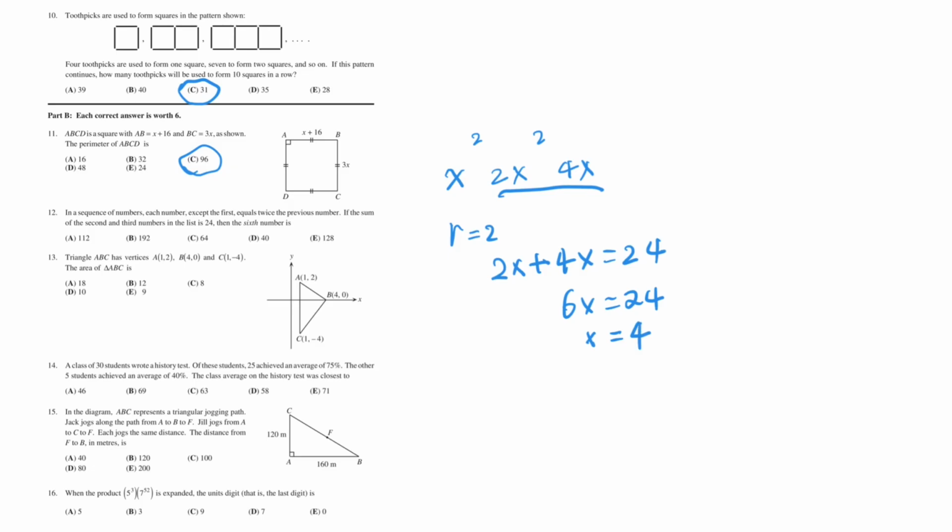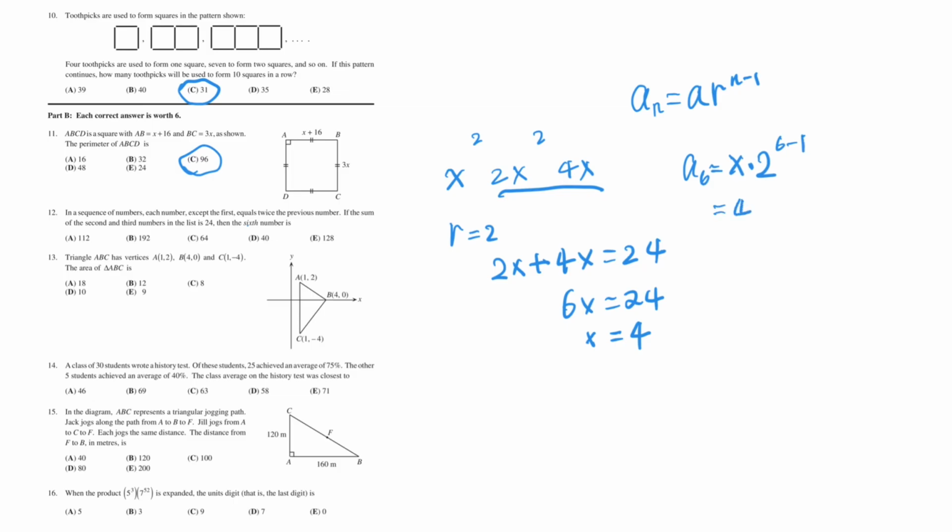X is 4. For the geometric sequence, the general term a_n equals a times r to the n minus 1. So a is x, and the sixth term equals x times 2 to the power of 6 minus 1.